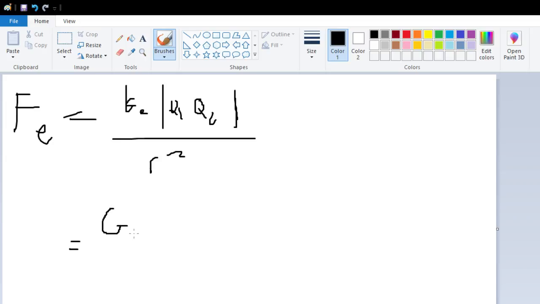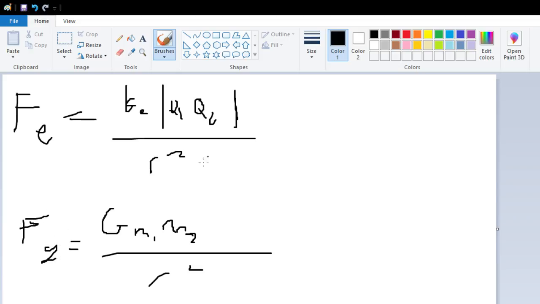You have G times M1 times M2 over R squared for F sub G. So basically, this is just a constant G times the mass of one object times the mass of another object over the distance squared.